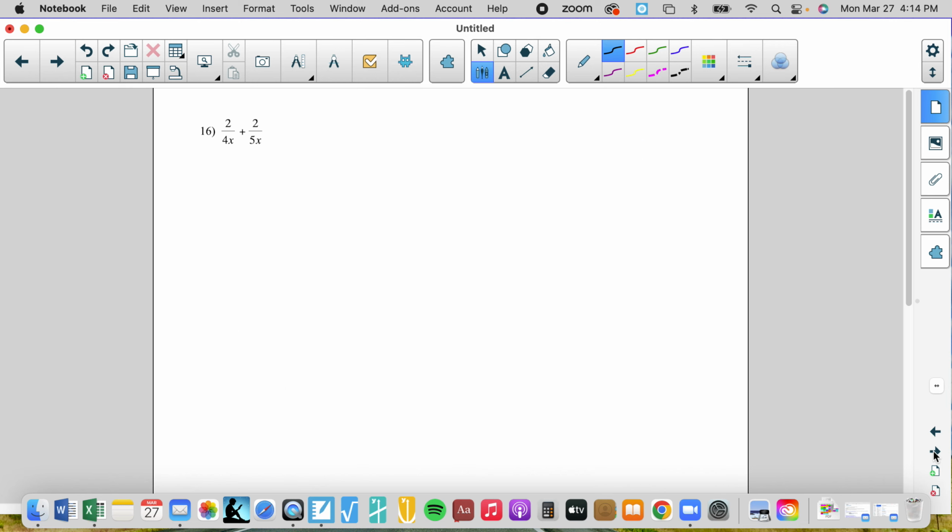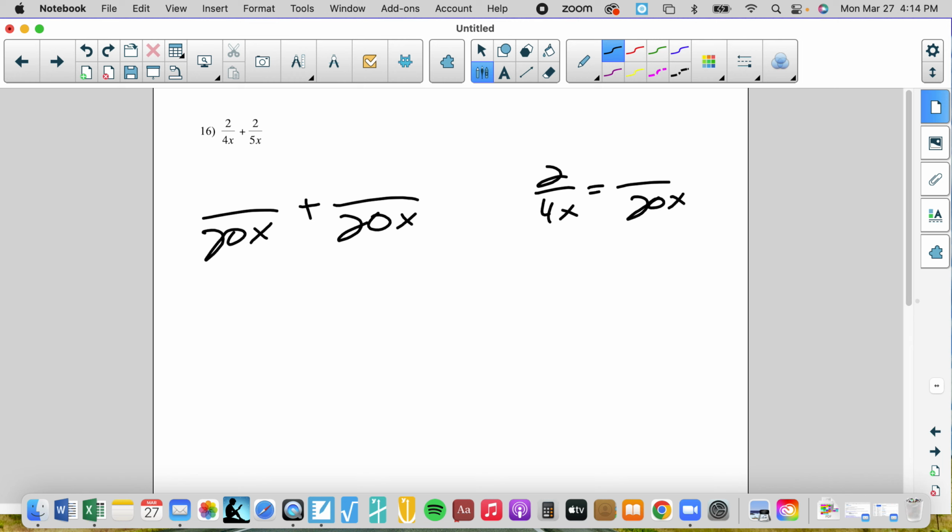4x and 5x, LCM, 20x. So 2 over 4x equals what over 20x? Multiply by 5, 10. 2 over 5x equals what over 20x?